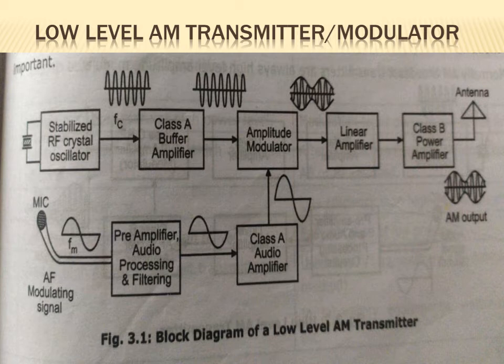This AM signal is given to the linear amplifier and class B power amplifier. The linear amplifier avoids waveform distortion, and the power amplifier increases the strength and power level of the signal. The generated AM signal is transmitted through the transmitting antenna. So this is the low level AM transmitter.